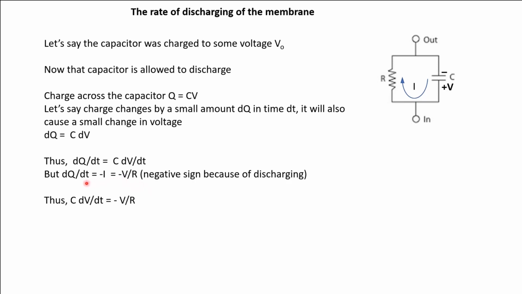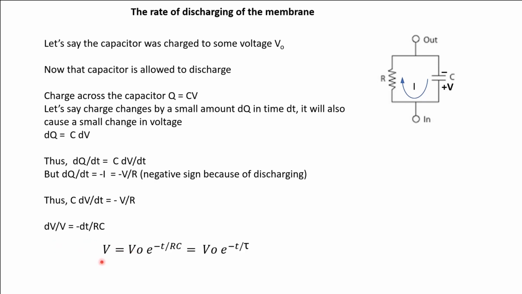Now combining these two equations, we can replace dq by dt with C dV by dt. So it becomes C dV by dt is equal to minus V over R. And further rearranging these terms, we get dV over V is equal to minus dt over RC. Now integrate this equation and apply the boundary condition that at t is equal to 0, V should be equal to V0.